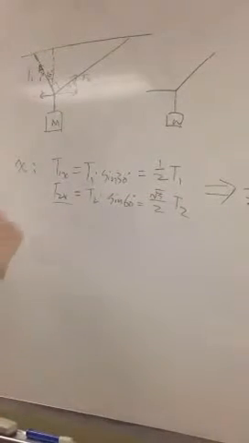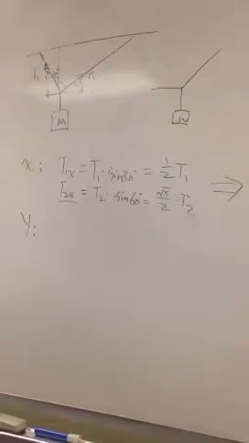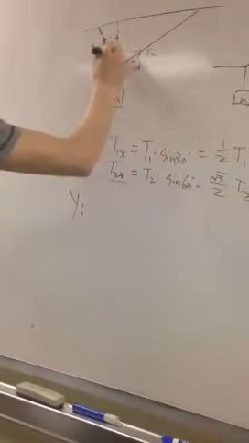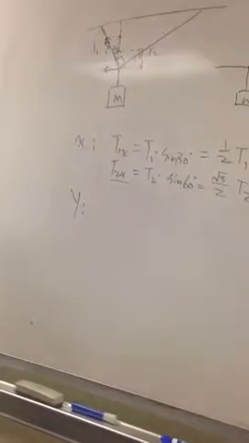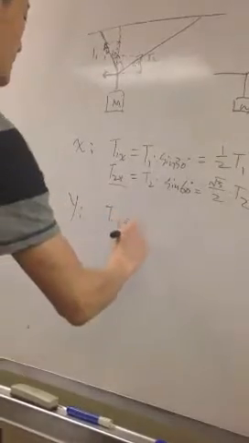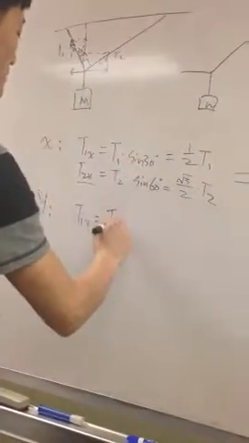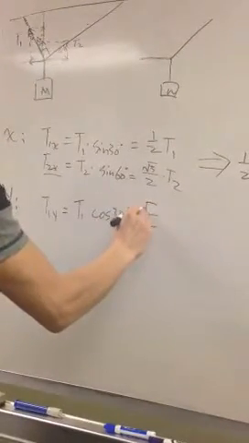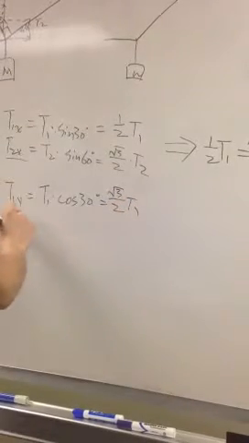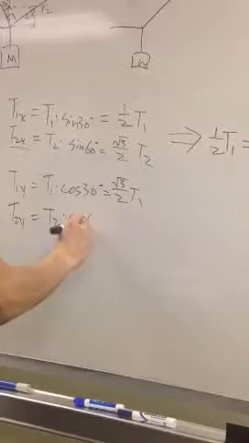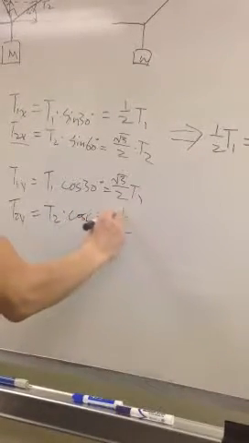And right now we look at the y-axis. T1 has a component. T2 also has a component. Up. Okay. So T1y is the opposite, cosine 30, and T2y is cosine 60, which is 1/2 T2.